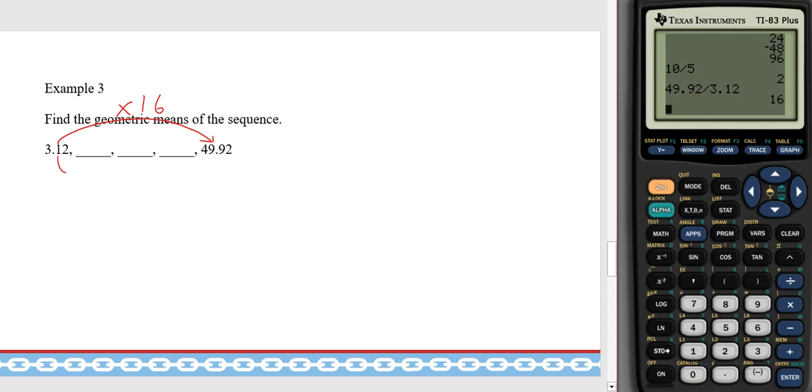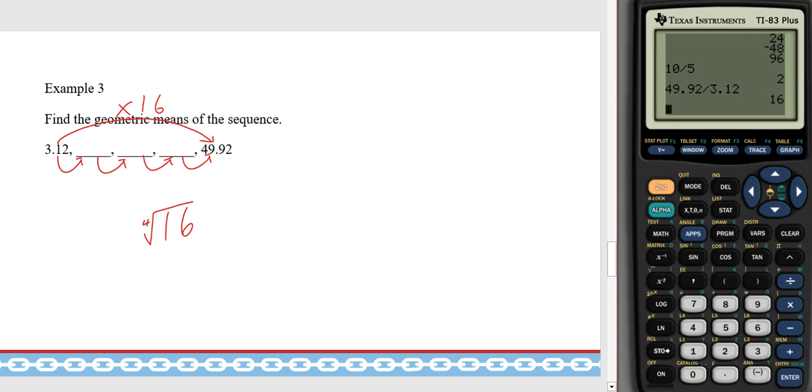And now I need to partition that big jump into 4 smaller jumps, right? There are 3 missing terms, but we have 4 steps involved to get from our first term to our last term. Instead of division, since I've already done division, I am going to take the 4th root of the 16.